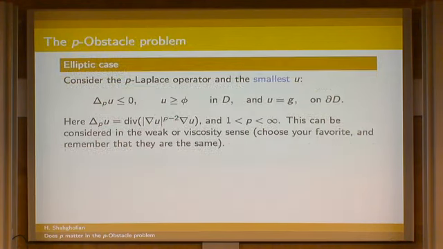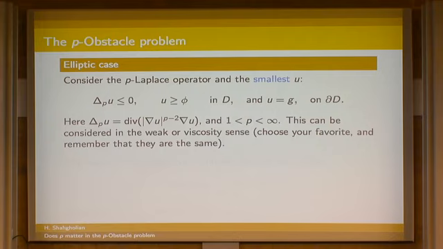Okay. So let me start with the elliptic case, and you all most probably know it. Everybody here knows what the obstacle problem is, and when I say p, I'm referring to the p-Laplacian operator here. I stick to p between one and infinity.